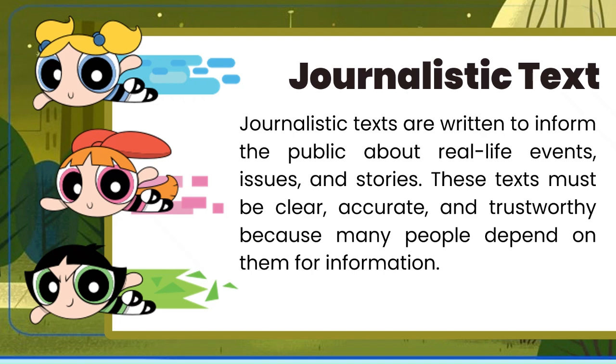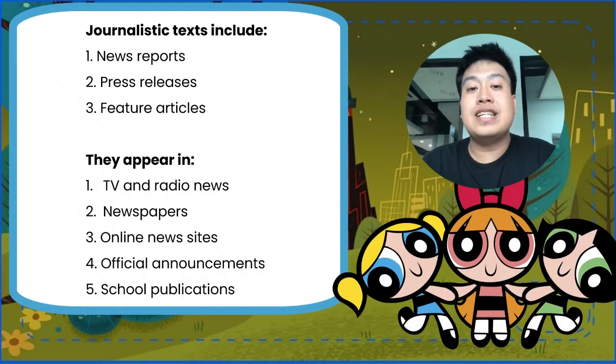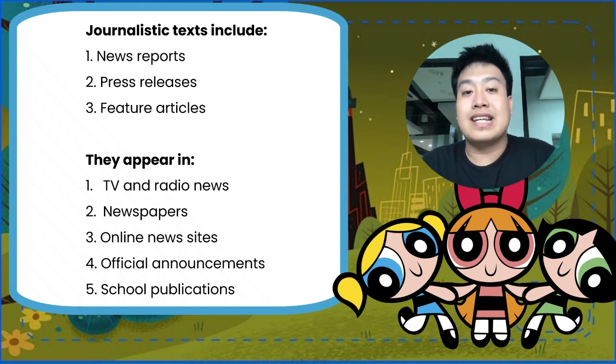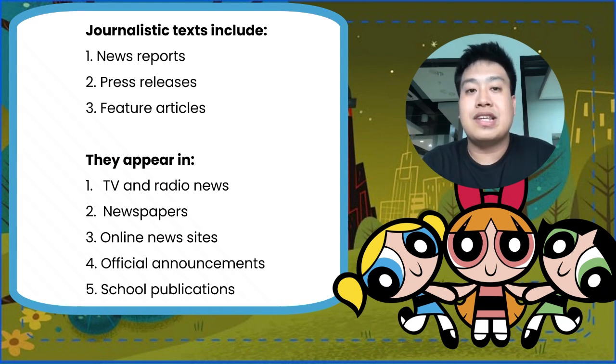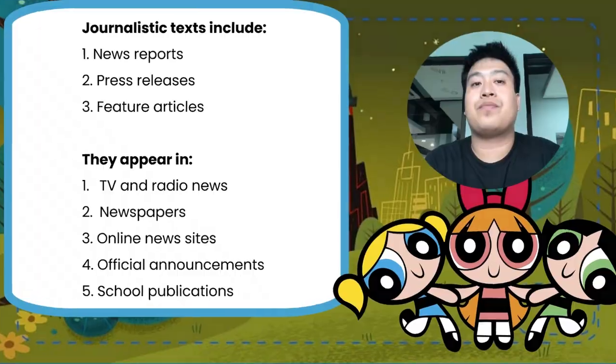These texts must be clear, accurate, and trustworthy because many people depend on them for information. Journalistic texts include news reports, press releases, and feature articles. They appear in television and radio news, newspapers, online news sites, official announcements, and school publications.